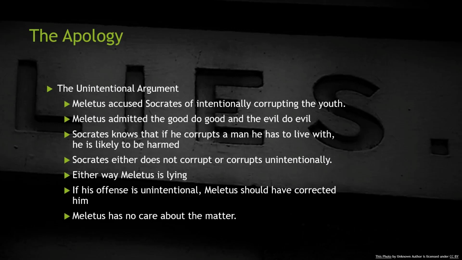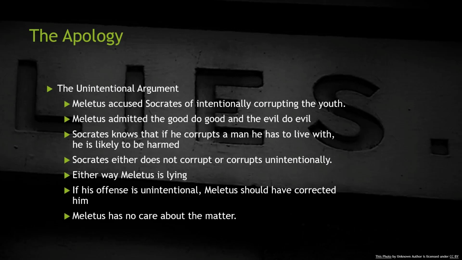So, if Meletus believed that Socrates was corrupting the youth unintentionally, he should have taken Socrates aside and privately warned him and corrected him. And if he had been better advised, Socrates says, he would have stopped whatever corruption he was allegedly doing unintentionally.